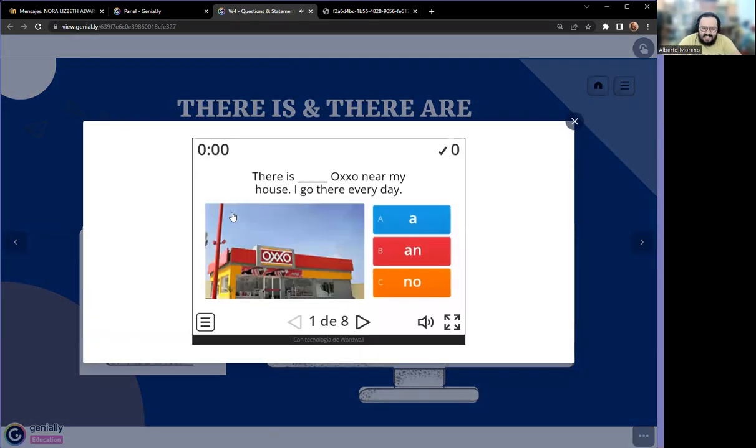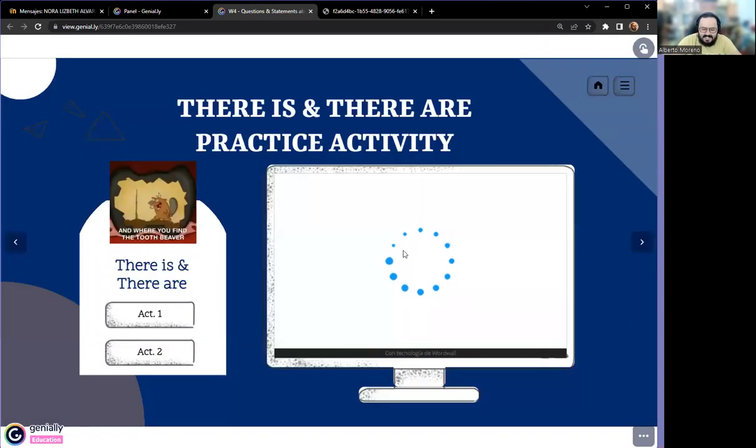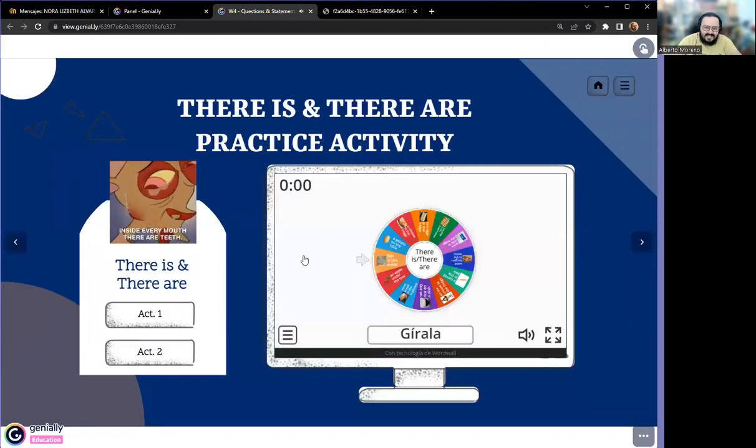In this sentence, we have to choose. Let's do a speaking activity. Vamos a hacer la actividad de producción oral, chicos.